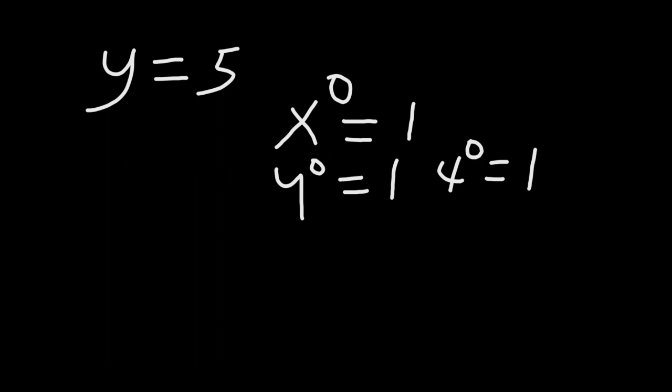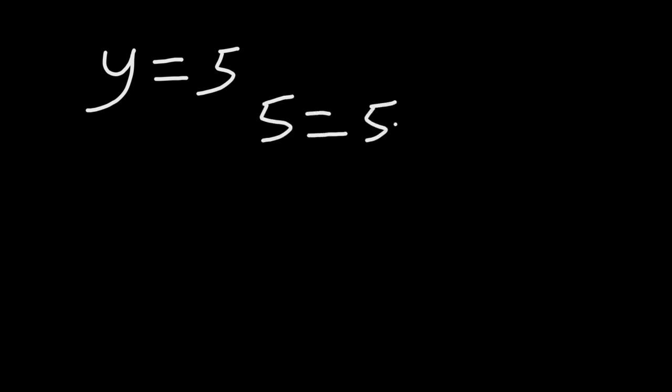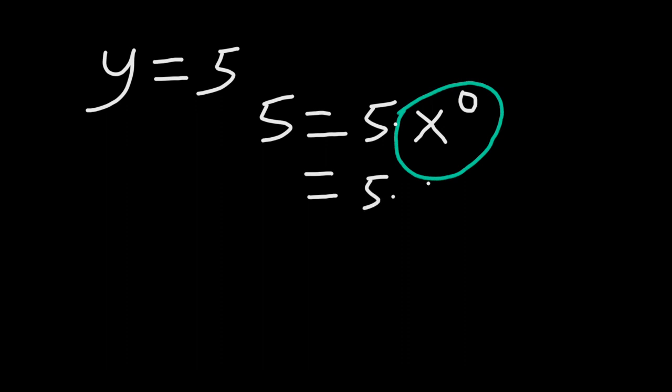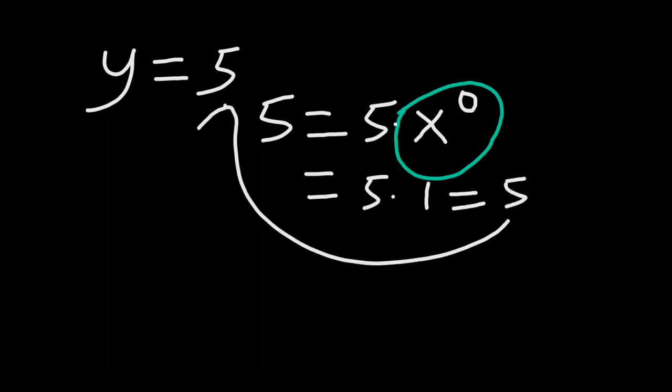It means that I can write 5 as 5 times s exponent 0. Why? The whole of s exponent 0 we know is 1. Therefore, this is the same as 5 times 1, which will give me 5 as I have here.